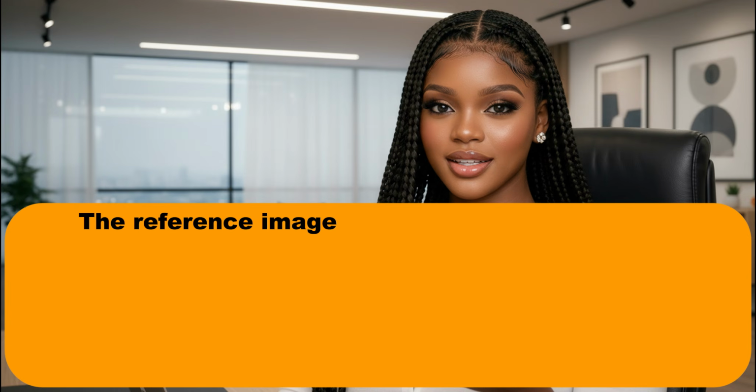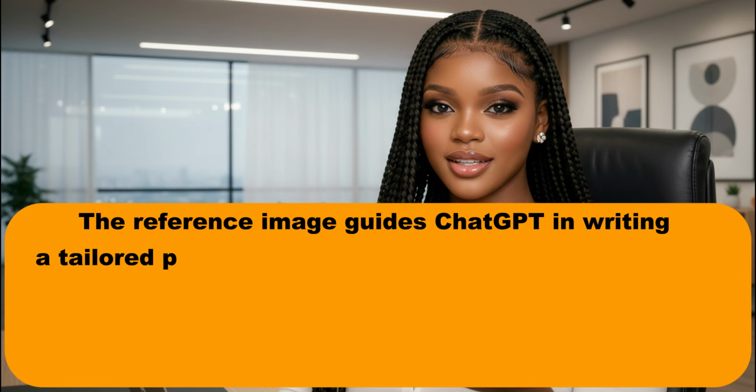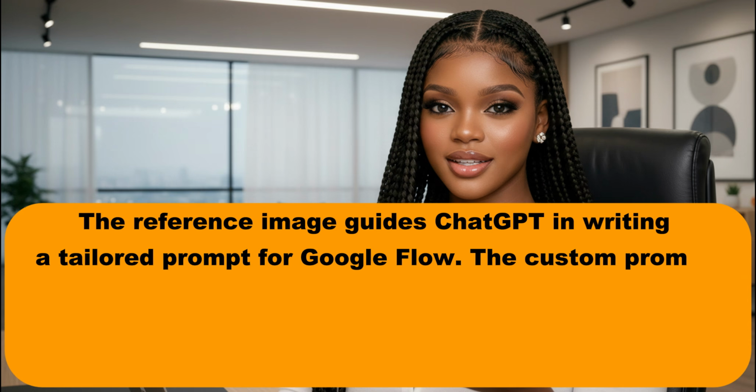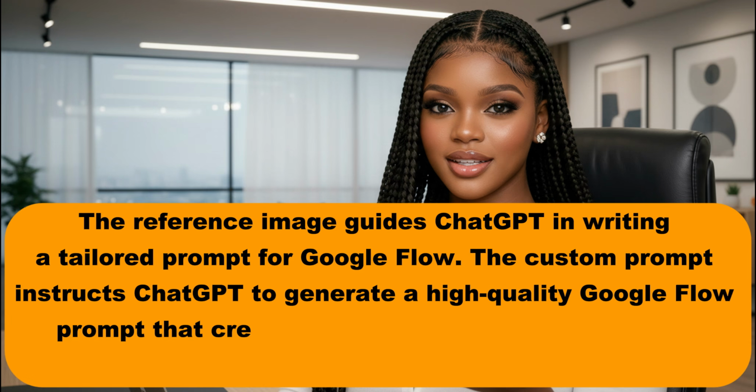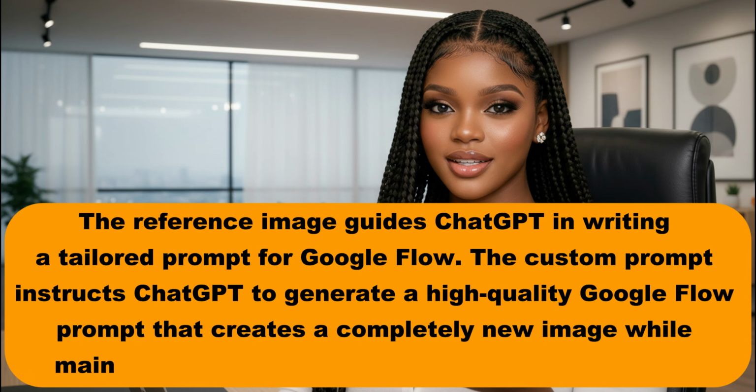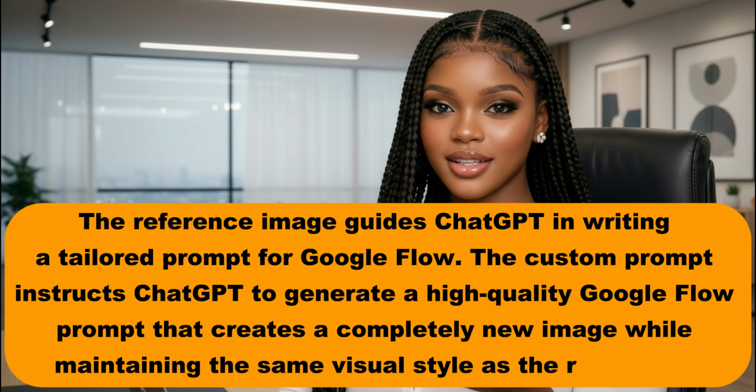The reference image guides ChatGPT in writing a tailored prompt for Google Flow. The custom prompt instructs ChatGPT to generate a high-quality Google Flow prompt that creates a completely new image while maintaining the same visual style as the reference.